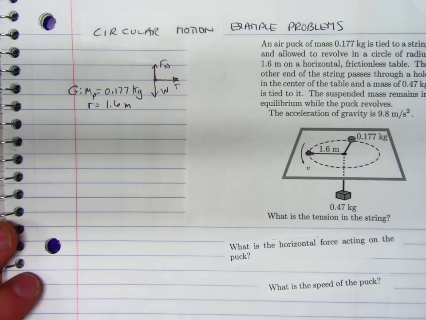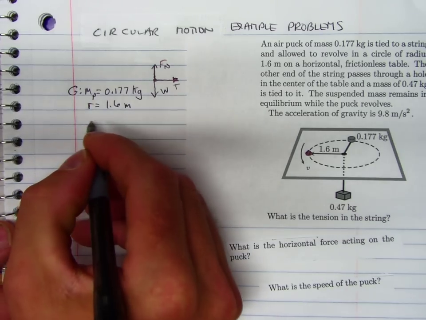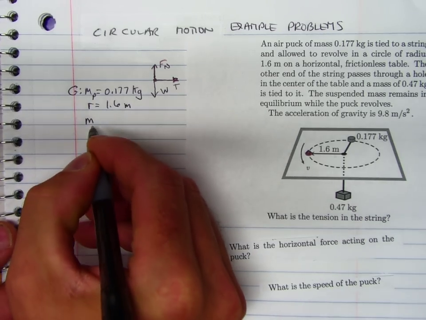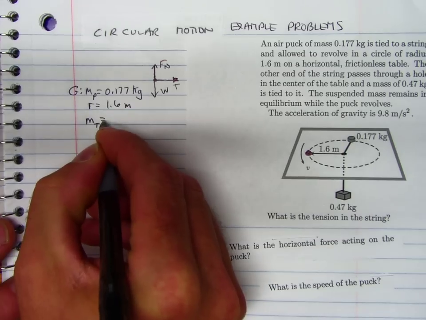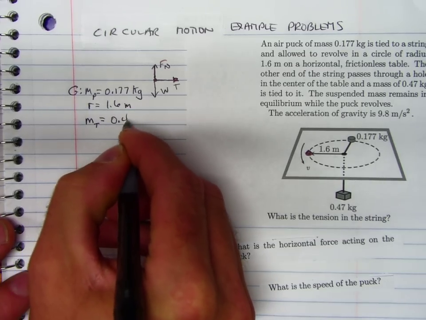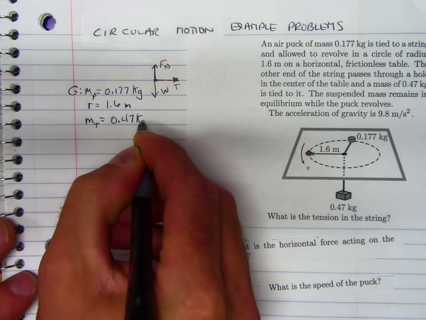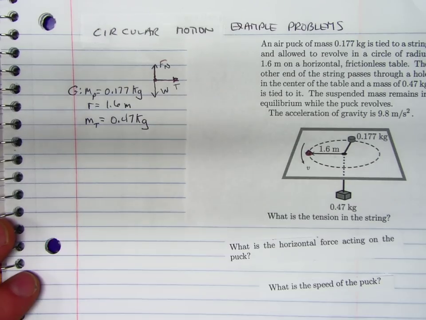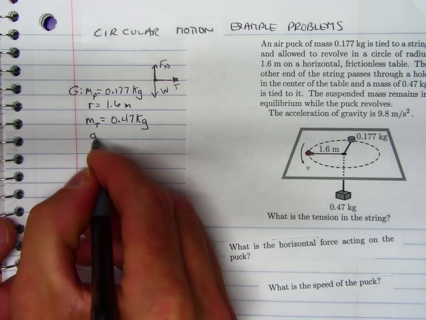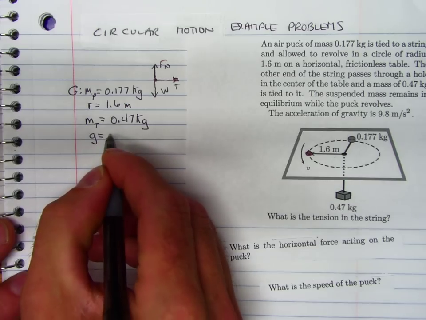Remember, we had a 0.2 kilogram mass pulling. Well, now we've got this block that's pulling, and I'm going to call it the mass of the tension, and it's 0.47 kilograms. And then we're also given that the acceleration due to gravity, g, is 9.8 meters per second squared.